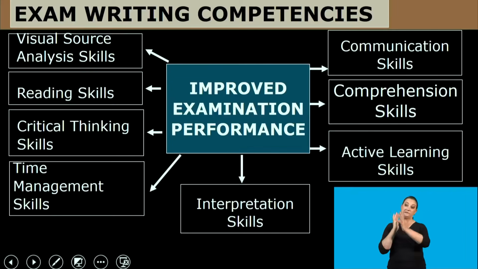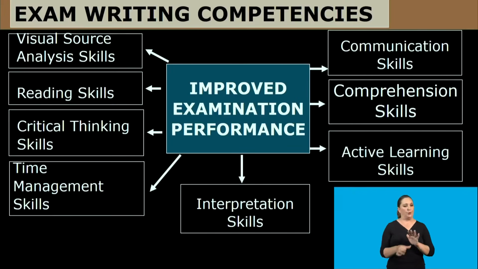Coupled with your history skills, there are also very important exam skills that you have to have, like time management, comprehension skills, communication skills, active learning, and reading so that you can analyze your questions properly. So we will be looking at all those skills to help you succeed in your exams.